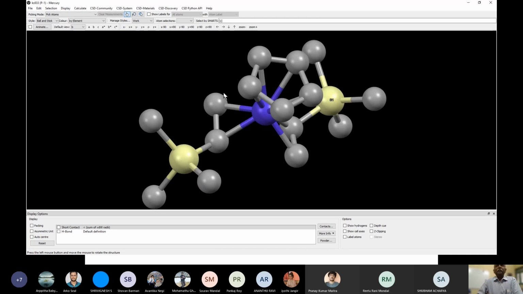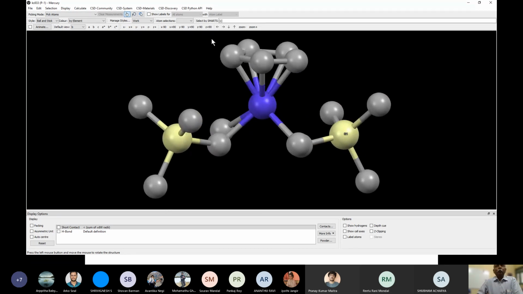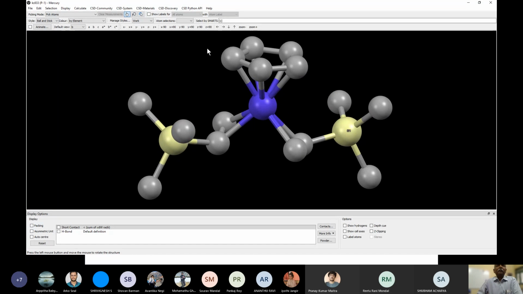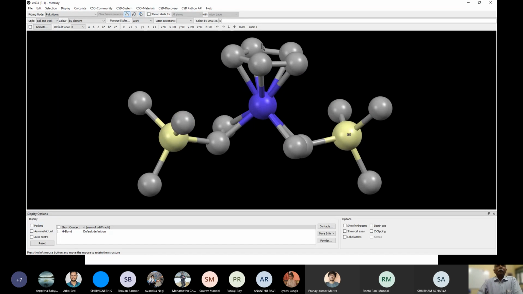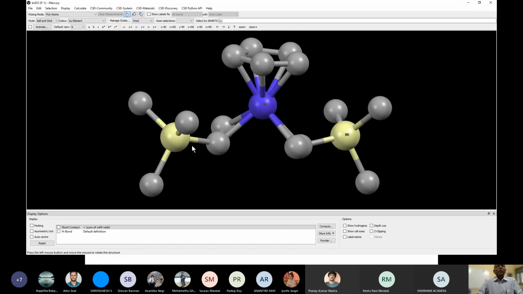Now you can see that there are two olefins, and if you imagine this to be the seat of a stool, then you have two legs for this stool, and this is of course the cobalt, and this is the way in which it is bound.